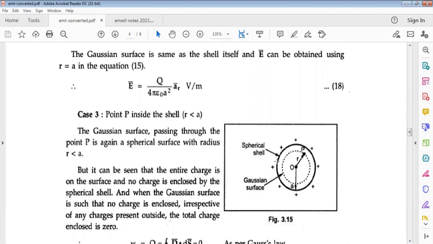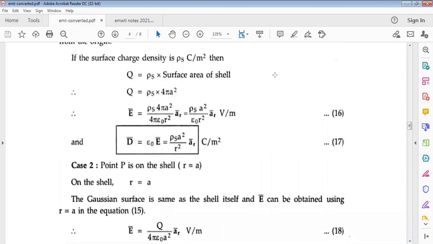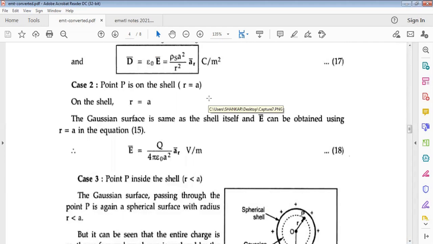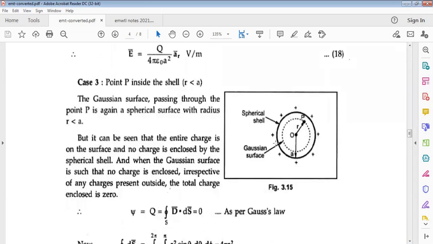Now consider the Gaussian surface inside the shell. Outside the shell, r is greater than a, and on the shell r is equal to a. Now inside the shell, whenever we consider the Gaussian surface with r less than a, there is no effect, because the charge is distributed only on the outside surface. If the Gaussian surface is outside, there is an effect.